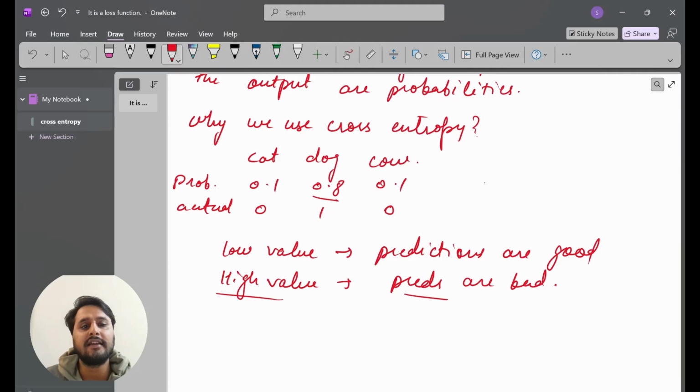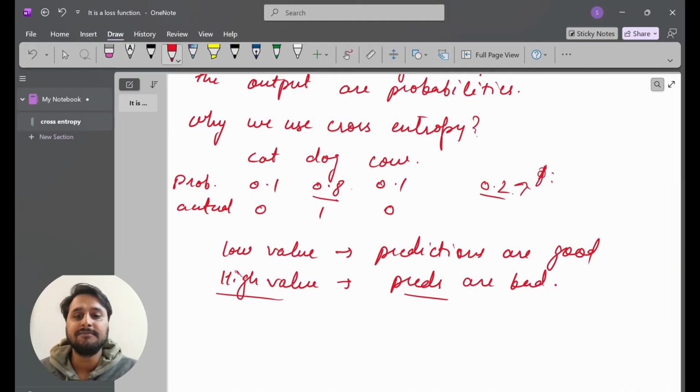In that case, this loss function will tell us which weight we should update, and in the next pass, the dog probability should increase from 0.2 to a point close to 1. So the lesser the value, the better our model, and the higher the value of loss, the worse our model is.